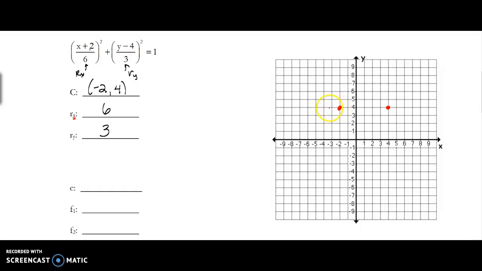And then from the center, 1, 2, 3, 4, 5, 6 to the left. Now our y value is 3, so we're going to go 1, 2, 3 up and 1, 2, 3 down. So what we can do is, again, connect our points. Remember, it does not have to be perfect. I'm not a good ellipse drawer.